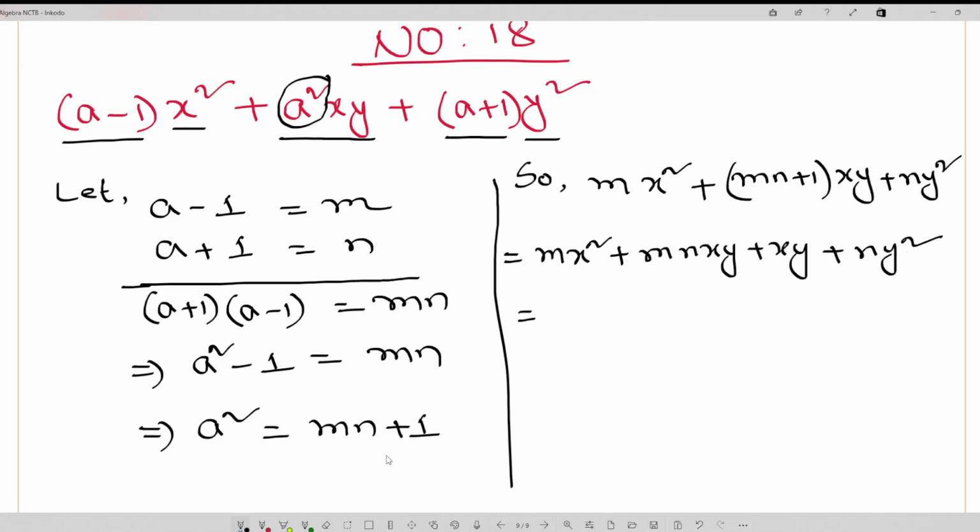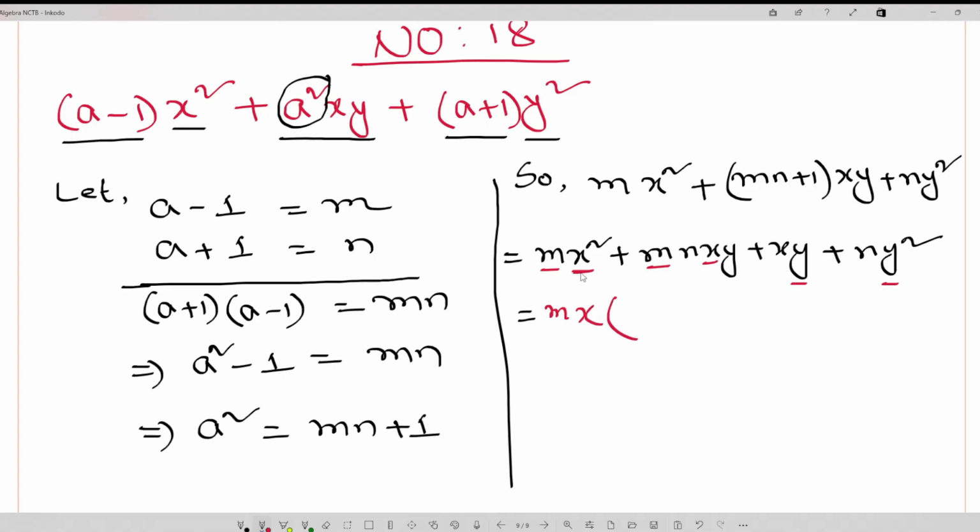Now look, what is the common thing in here? This is m, this is x², it means x, and here is also m, and here is x, and here is only y. So now what can we do? Here we can take common mx.